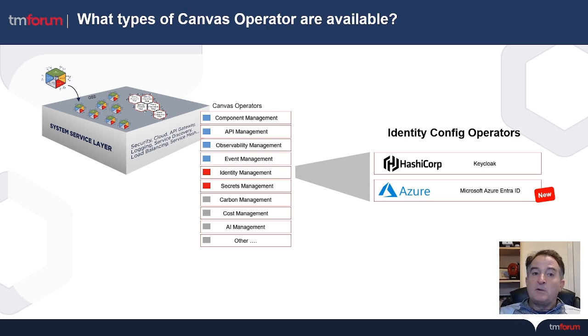A Canvas platform can use any identity management solution that can support the OAuth 2 standard. And identity config operators automate the configuration of the identity management solution using roles and permissions that are mastered in the component. And our reference canvas now has identity config operators for Keycloak and for Microsoft Azure Entra ID.